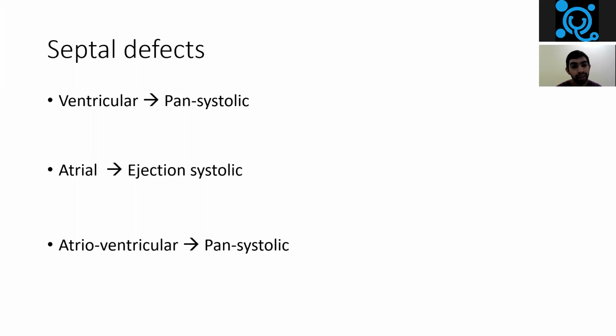And in children with trisomy 21, the most common defect is AVSD, an atrioventricular septal defect. After this, a ventricular septal defect is the next most common. So regardless of which one it is, or even if you add the two together, a pansystolic murmur will dominate.